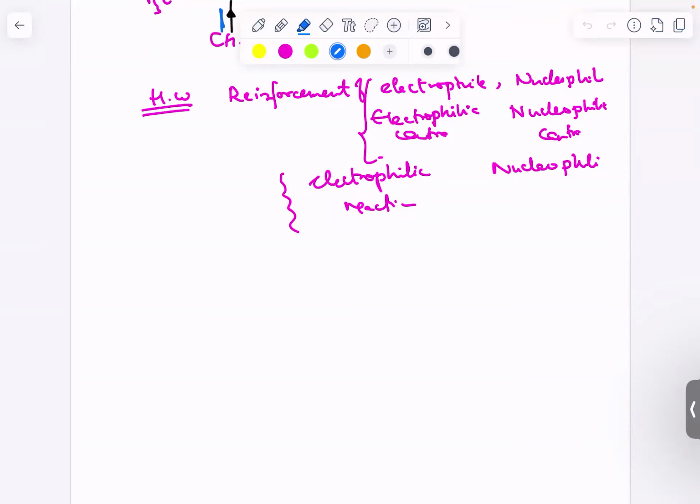AQA. Halogenoalkane, which is on page 206. Okay.